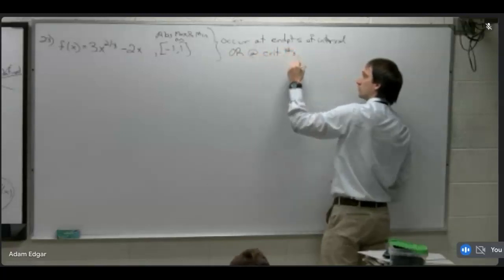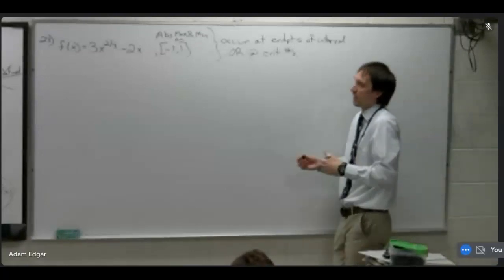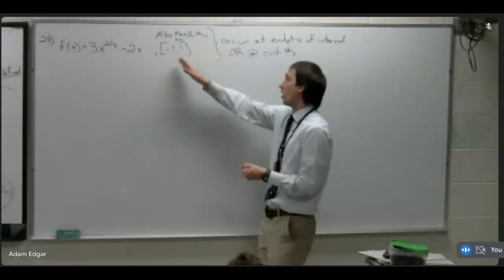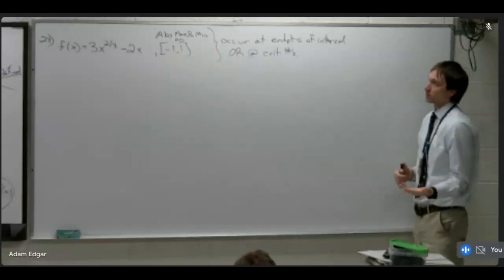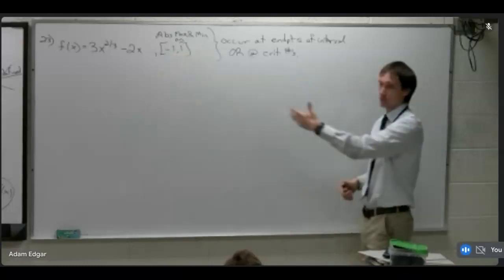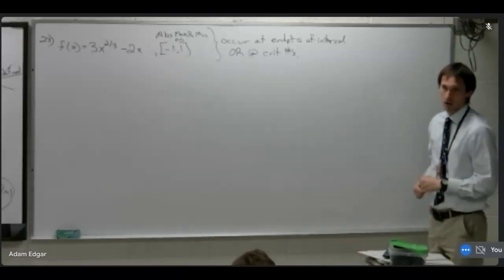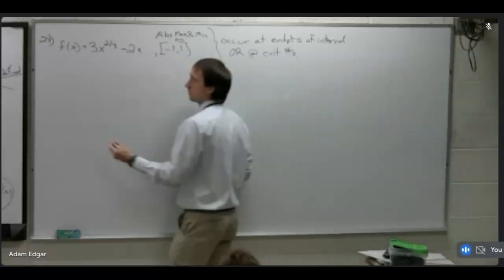So for something like 23, when we want to say, hey, what's the absolute maximum, what's the absolute minimum for this function on this particular interval, what you need to do is find the critical numbers and then plug the critical numbers and the end values into the function and see who's got the biggest y and who's got the smallest y. So for 23, first step is get the derivative so that we can then find the critical numbers.